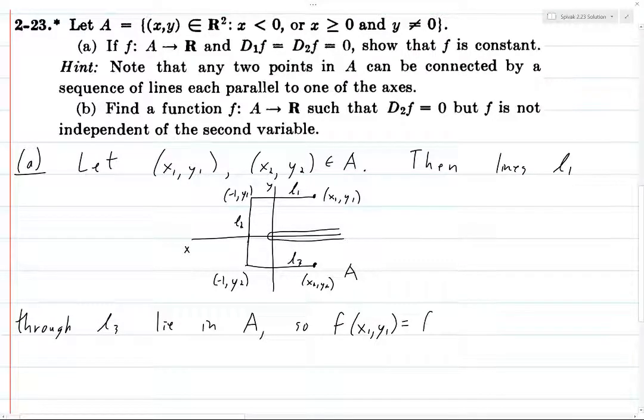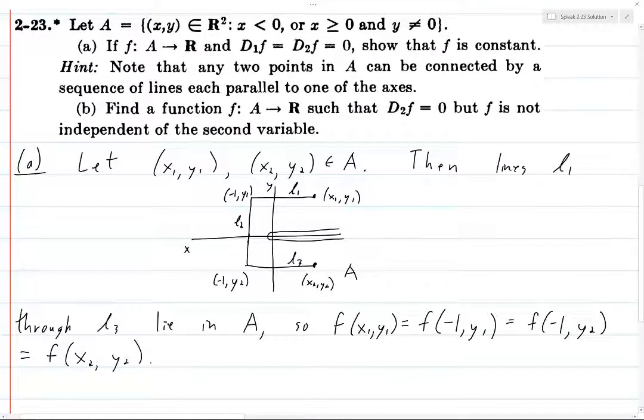If we replace the x1 with -1, you get the same value because f is constant along this line, since its derivative with respect to the first variable is 0. Then since its derivative with respect to the second variable is 0, you can replace the y1 with y2. And then finally you can go back and replace the -1 with x2.